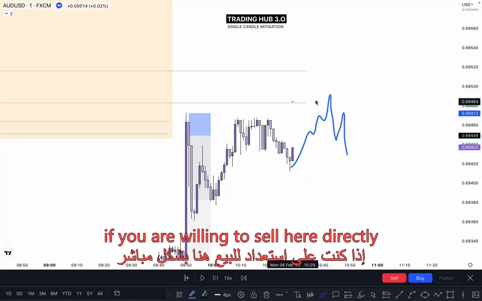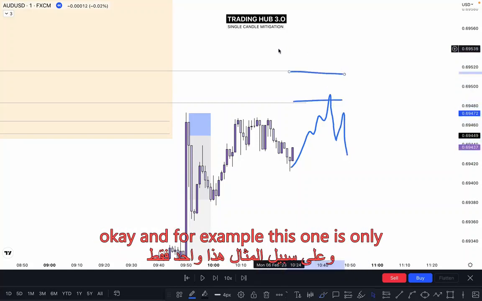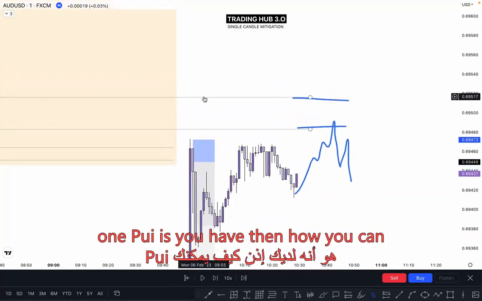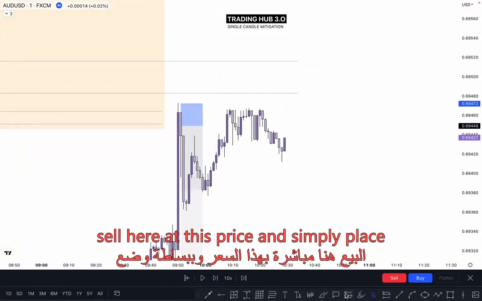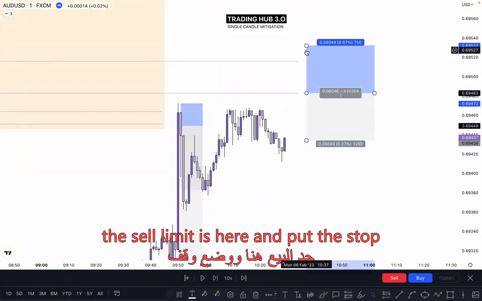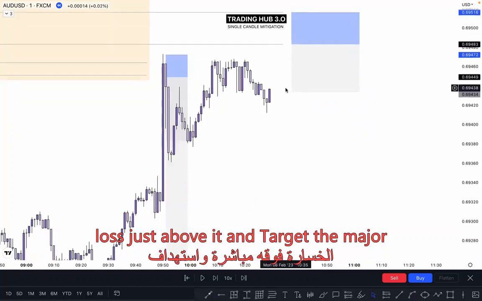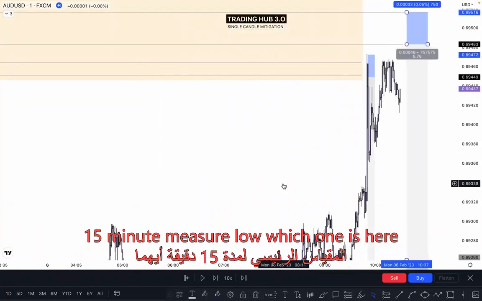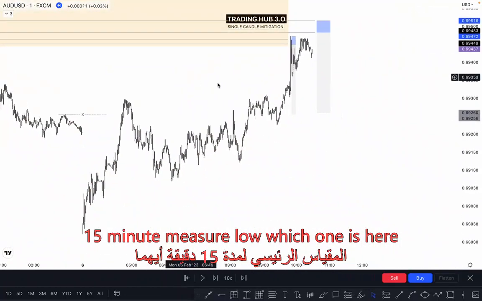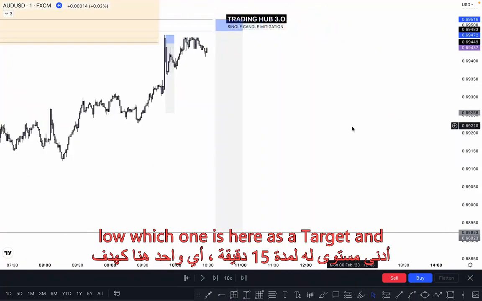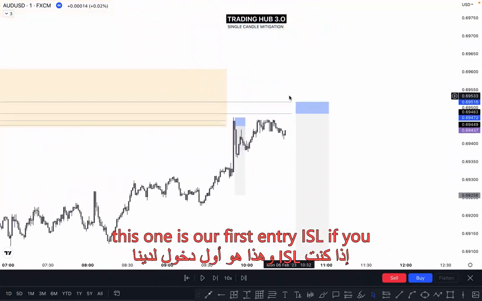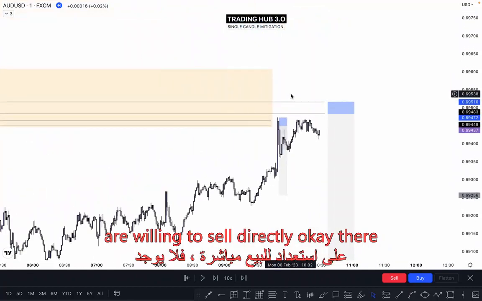If you are willing to sell here directly, okay, and for example this is the only POI you have, then how can you sell here? In that case, you can directly sell at this price, simply place the sell limit here, put the stop loss just above it, and target the 15-minute low, which is here, correct? So this becomes our 15-minute low as a target, and this one is our first entry if you are willing to sell directly.